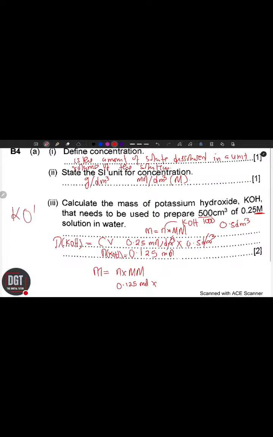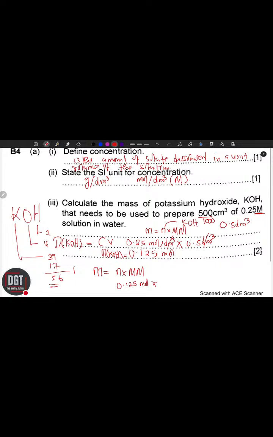So KOH: hydrogen 1, oxygen 16, which is 17 so far. Potassium, which is K, is 39. So 17 plus 39. What is the answer? I guess it gives us 56.